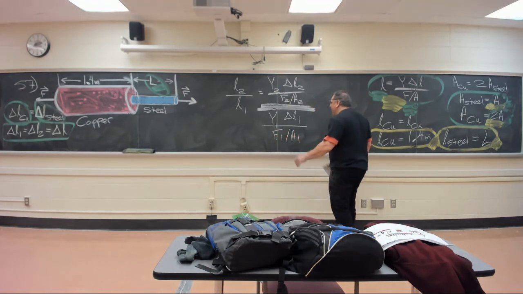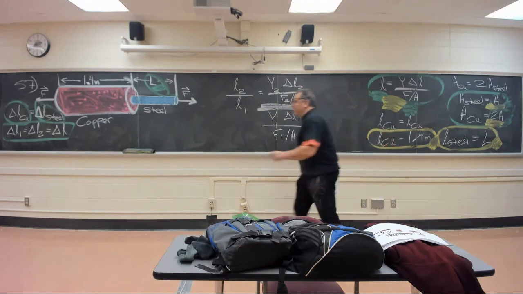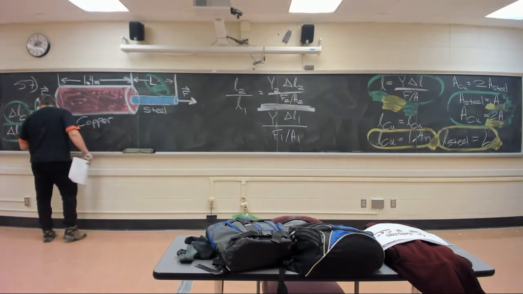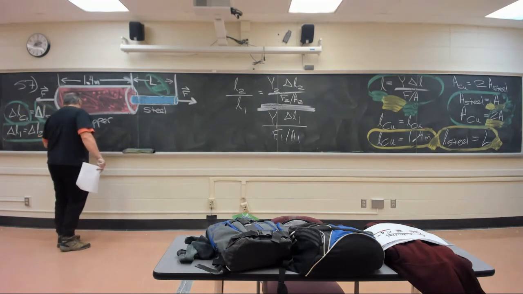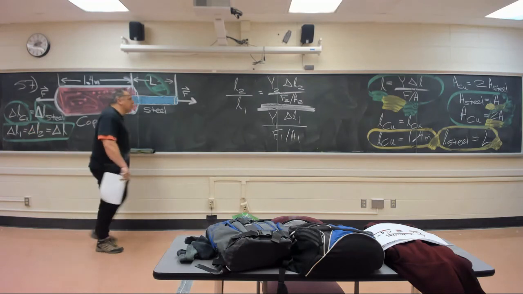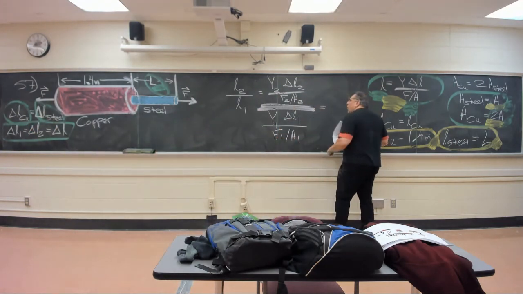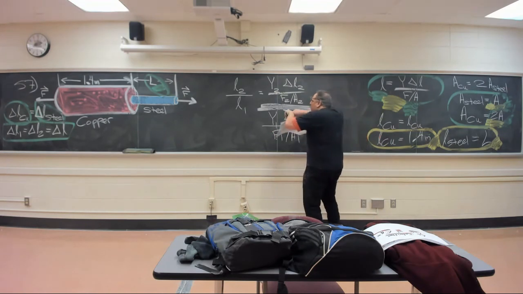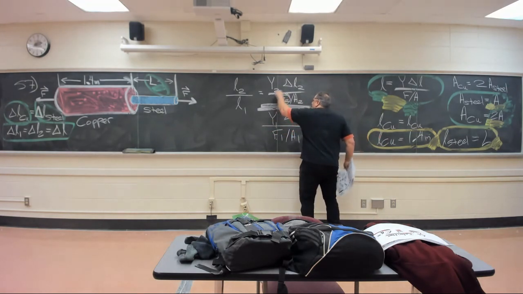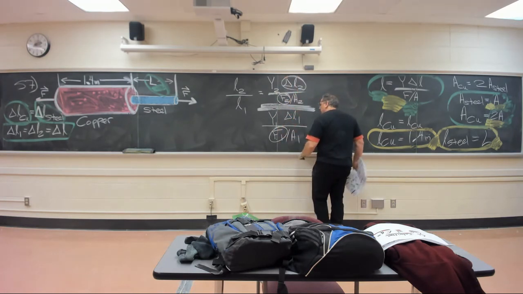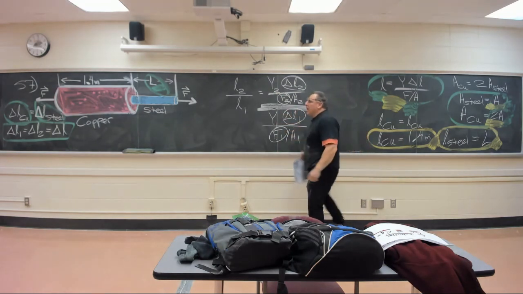Well, wait a minute. Didn't we just say some time ago that delta L1 and delta L2 are equal to just delta L? Delta L1 equals delta L2 equals delta L. They're equal to each other. We also said when these guys were pulling against each other, F2 and F1 were equal to each other.